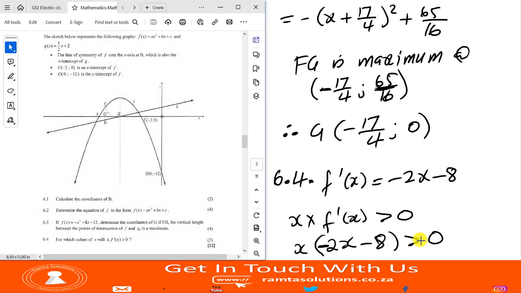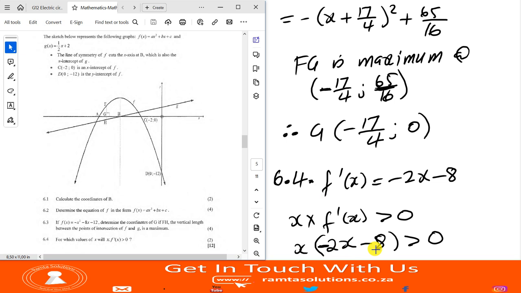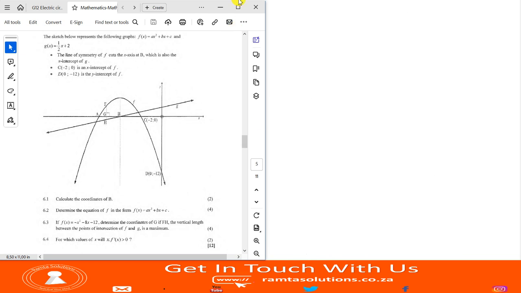Right? So this is negative. Nobody likes working with something like this. So how about we divide by a negative throughout? I see there's a common factor here, which is negative 2. So we divide by negative 2 throughout. What do we get? x, open bracket, x plus 4.